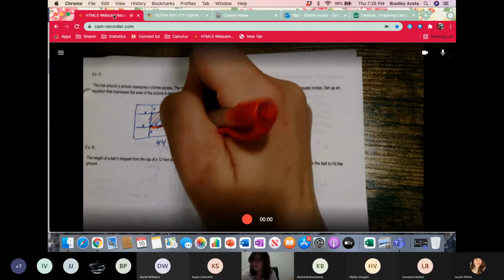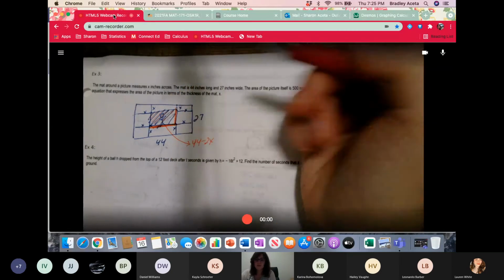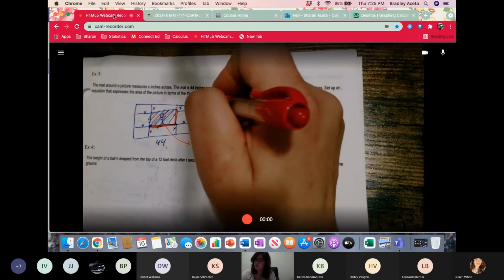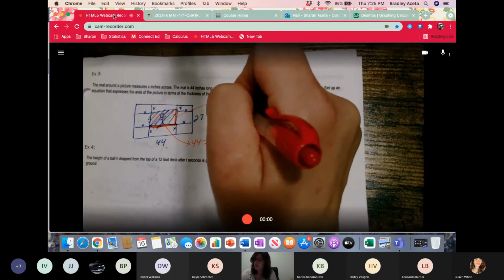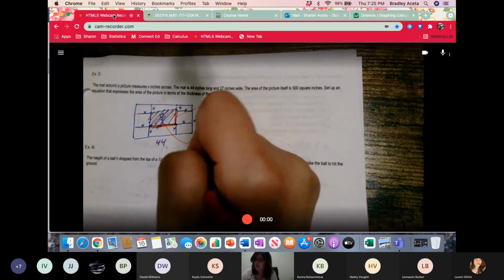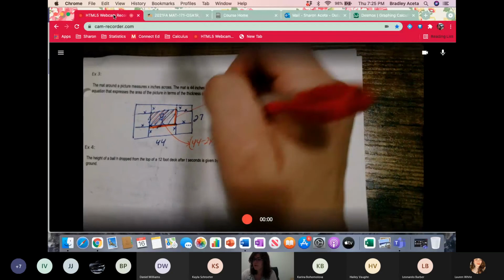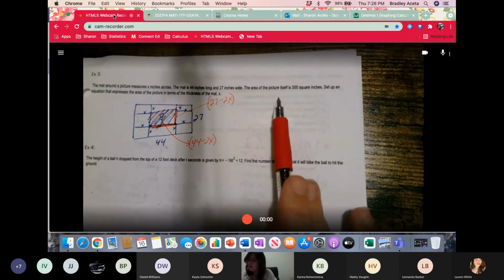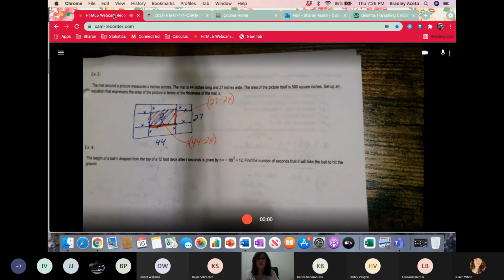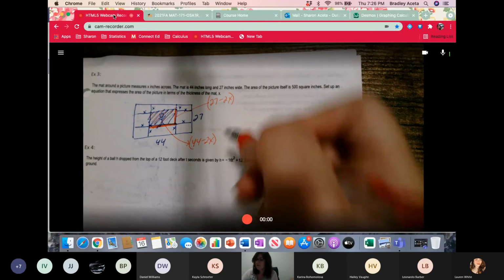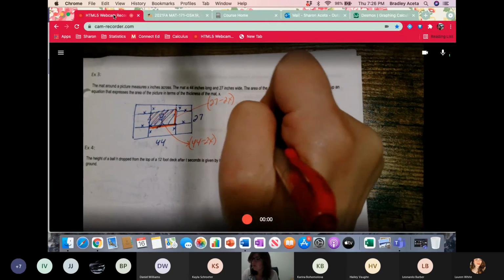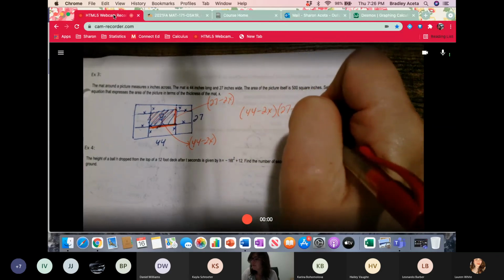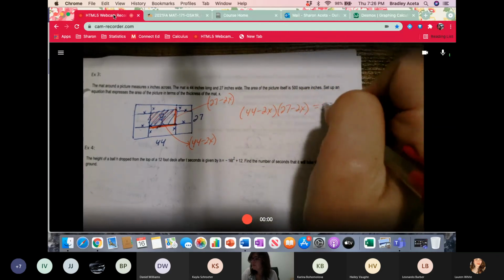This side was 27, but then I went an X and an X direction also. 27 minus 2X. So this is the length of my picture, and this is the width of my picture. And it says the area of the picture itself is 500. And again, area is length times width. So 44 minus 2X length times 27 minus 2X width equals 500.